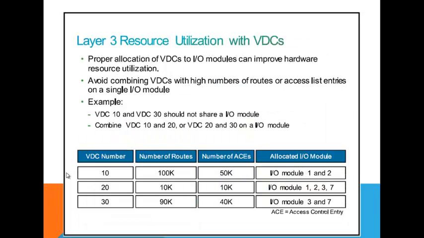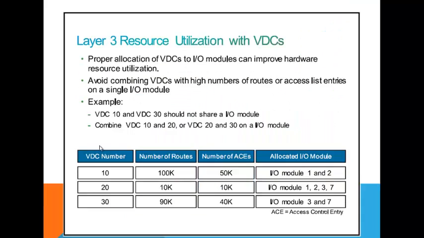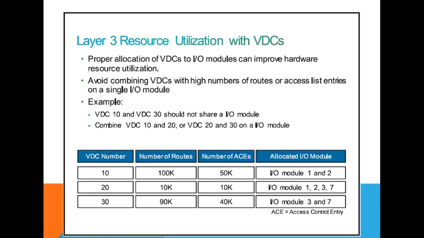When we allocate resources, we need to be very careful. See, we saw that for FIB, what is the maximum size? For FIB, 128 kilobit is the maximum. 128 kilobit is the maximum size for FIB. Now, how can I have this one and this one? 128 is the maximum.